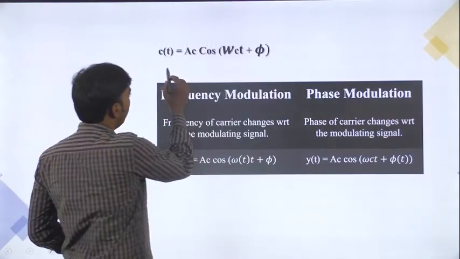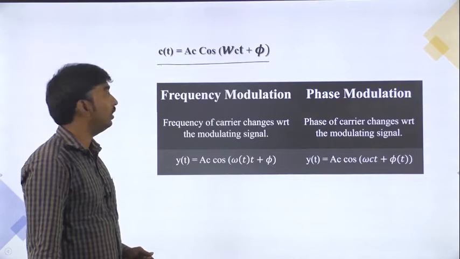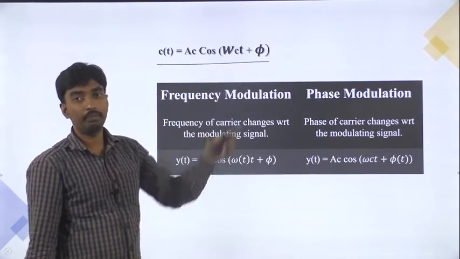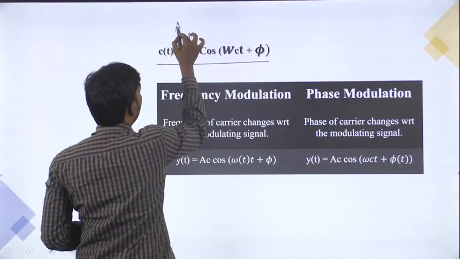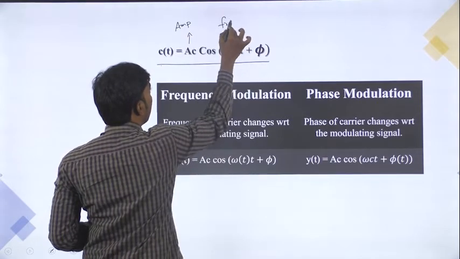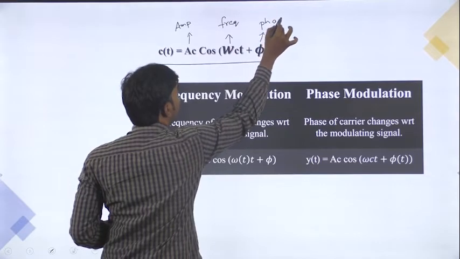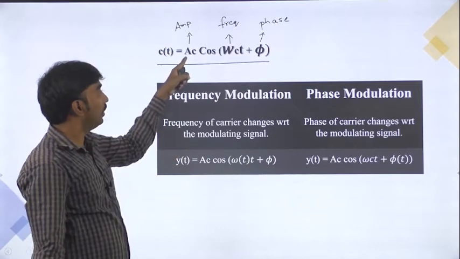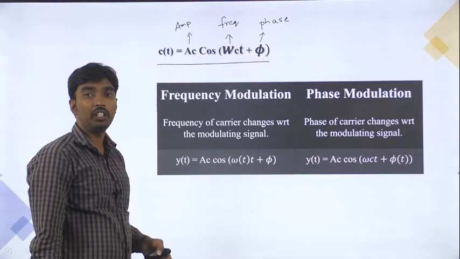Now as I told you, the carrier signal c(t) is nothing but Ac cos(omega_c t plus phi). Now this is amplitude, this is frequency, and this one is phase. If the amplitude of the carrier signal varies, then I can call it amplitude modulation.